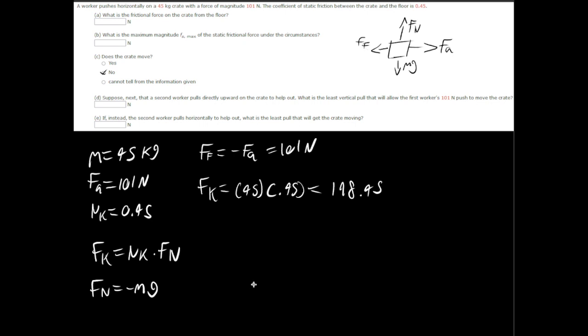And suppose that a second worker is pulling upward on the crate to help out. What is the least vertical pull that would allow the worker's 101 newtons force to move the crate?